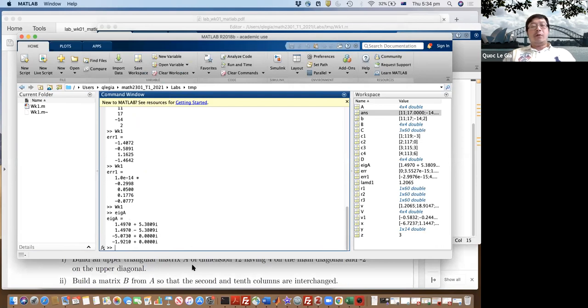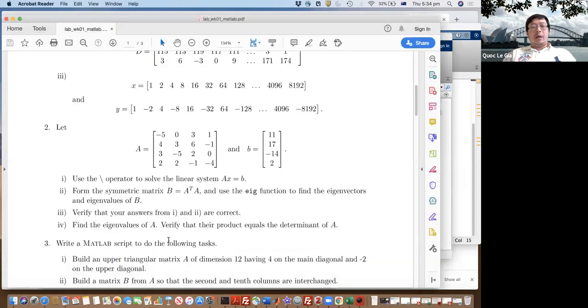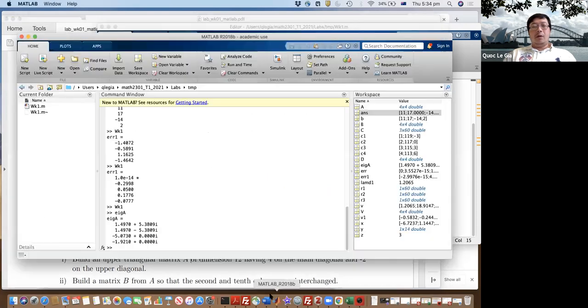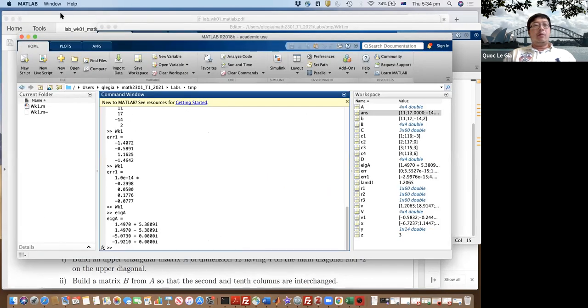Now we know from linear algebra, if you are taking math 2501 or 2601, there's a theorem saying that the product of the eigenvalues equals the determinant of the matrix A. So let me check that.